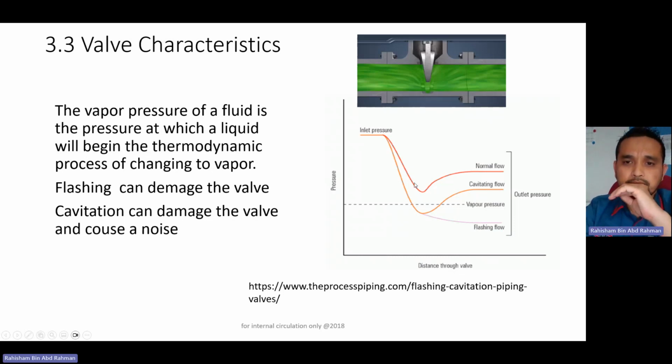Okay, coming back to this one, the definition, of course you can read at your convenience. So what is vapor pressure? First we need to know and understand what vapor pressure is.